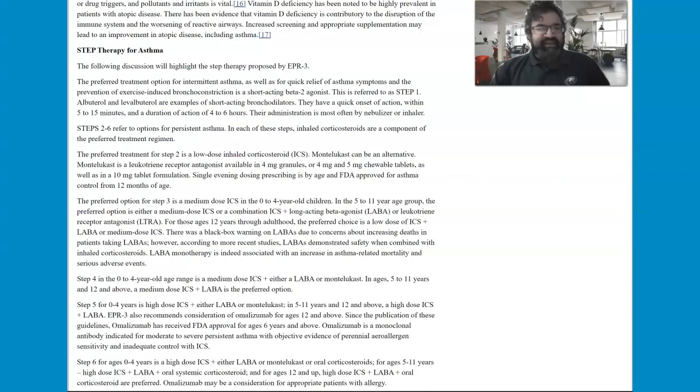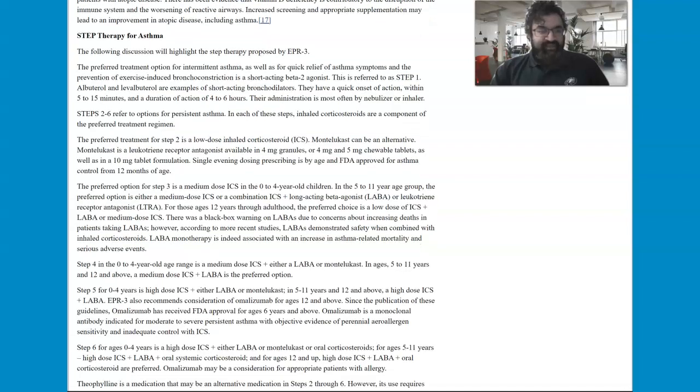Then there's montelukast, a leukotriene receptor antagonist, in 4 milligram granules, 4 and 5 milligram chewable tablets, as well as a 10 milligram tablet formulation.